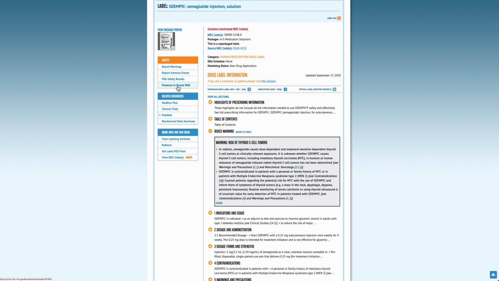So if you would like to write a product label for a product in the US, you have to go to the FDA website looking for the mandatory template for writing a product label that you're going to submit to the FDA through your new drug application process, and you're going to have your product label on the market.